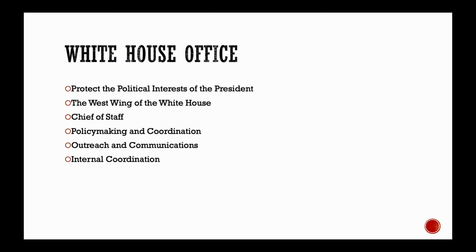So the way you can think about this in a lot of ways is that the White House Office is, yes, part of the bureaucracy, but it doesn't necessarily operate in the same ways that we have seen that bureaucracies can operate. Generally speaking, this is a much smaller, more agile staff.